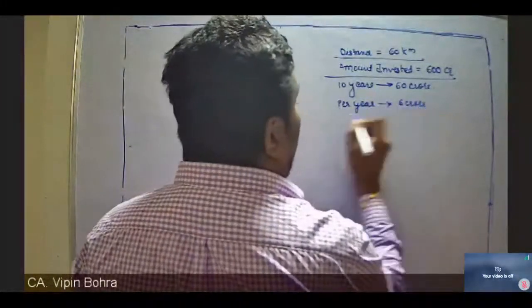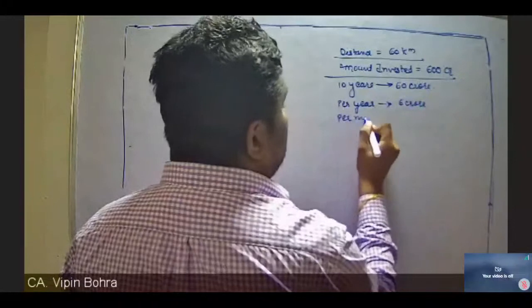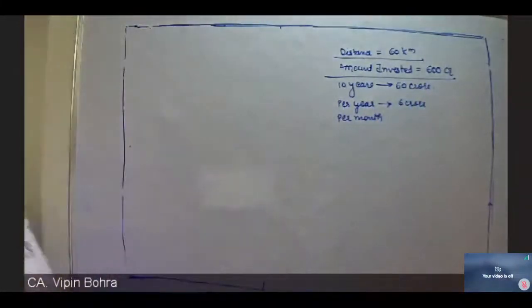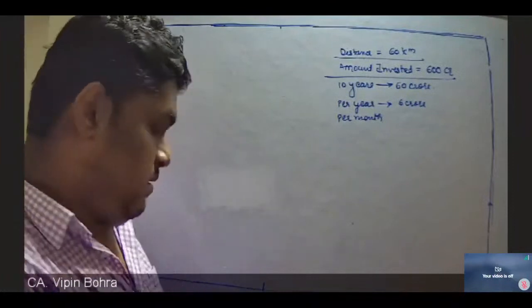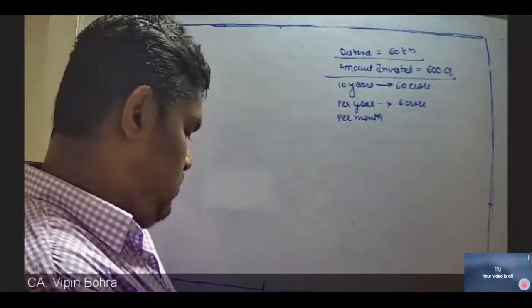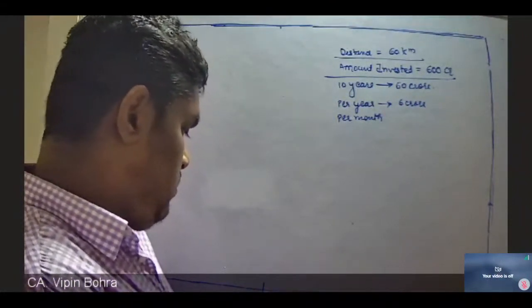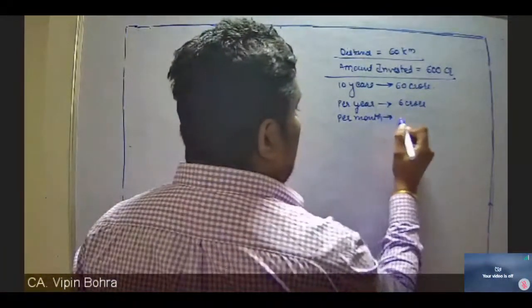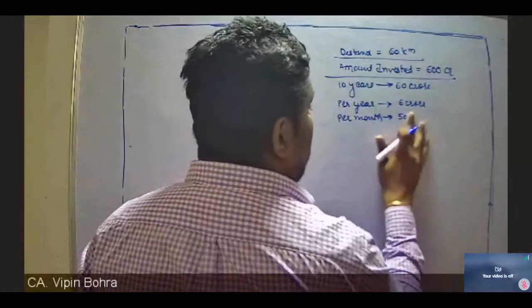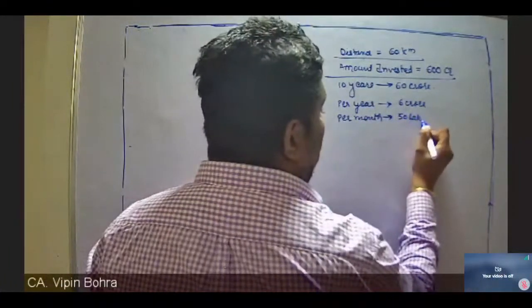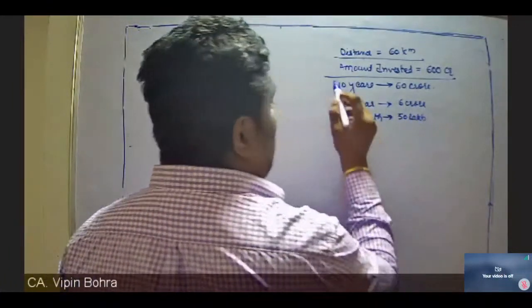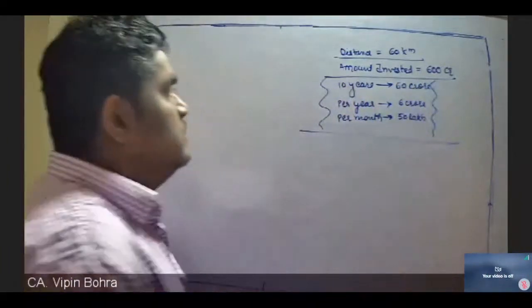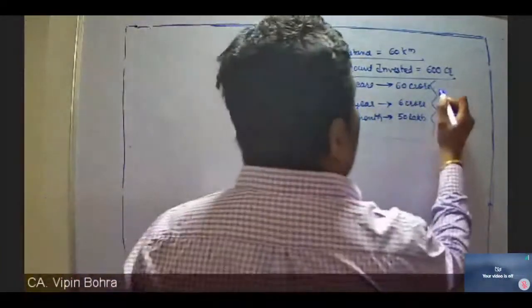Per month how much? 50 lakh vehicles per month. So, number of vehicles.